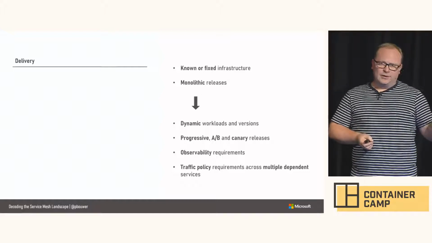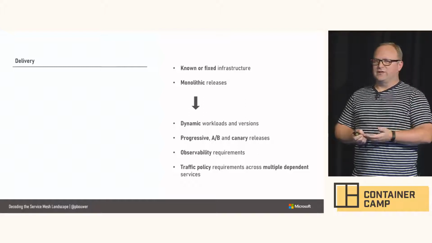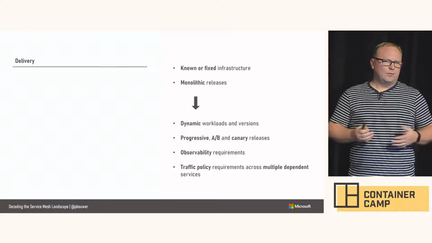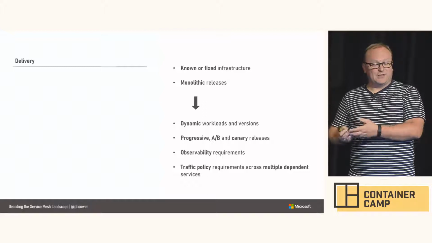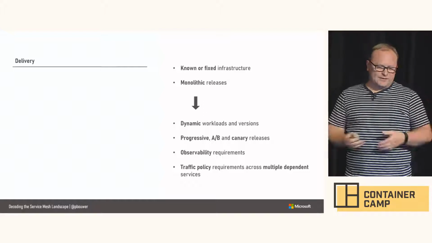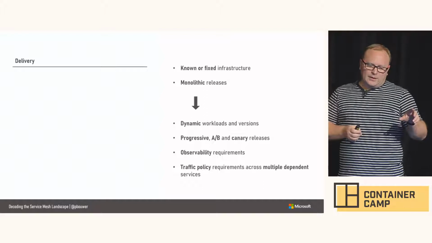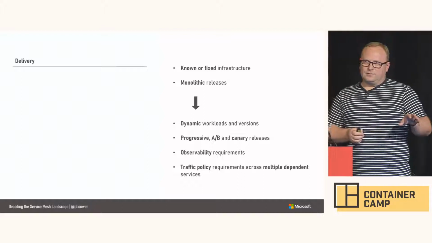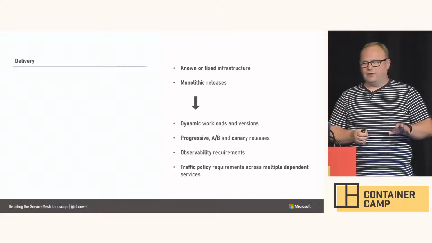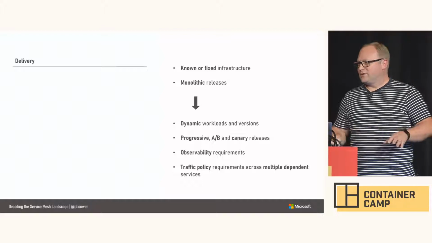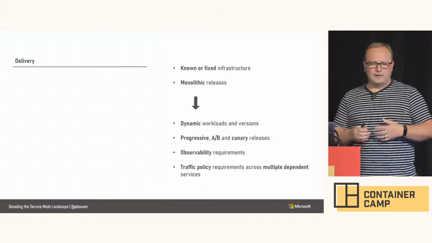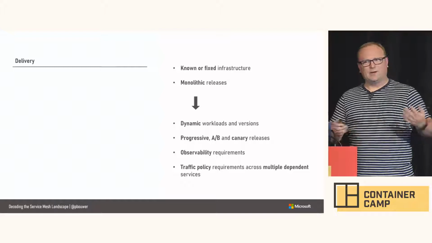And this is where you may roll out new functionality to a subset of your users, either for testing or for slowly progressive rollout. Now, to make all of that happen, you need observability across all of your services. So you can implement this yourself, but it would be nice if something gave that to you.